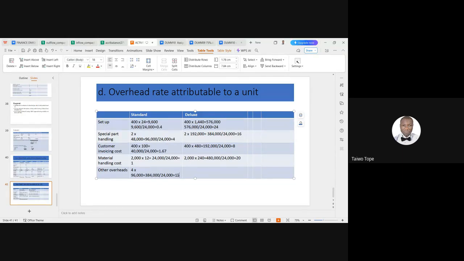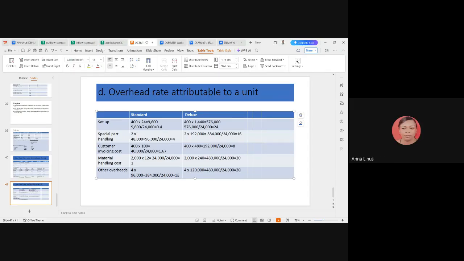Then for the loss, it will be 4 multiplied by 120,000 hours, which gives 480,000, divided by 24. The result will be 20.